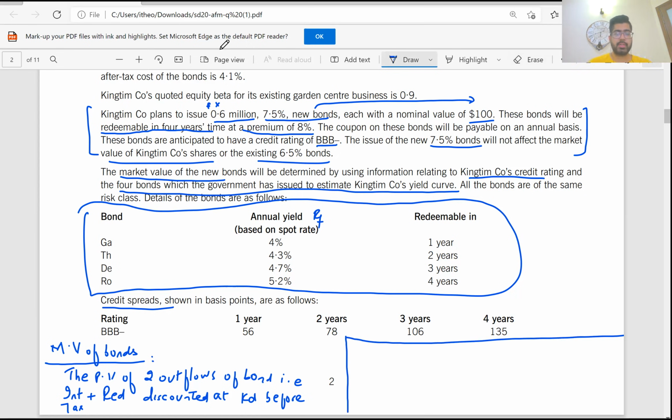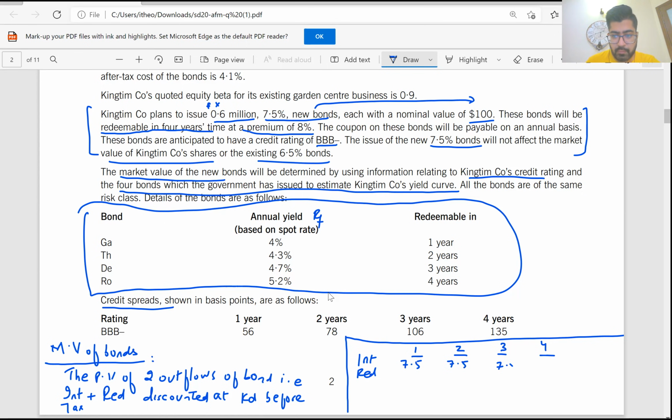So when the question asks you the market value, the bond is the present value of two outflows, interest and redemption, discounted at KD before tax. This bond is redeemable in 4 years: 1, 2, 3, 4. Interest is 7.5% of par 100, so interest is 7.5.